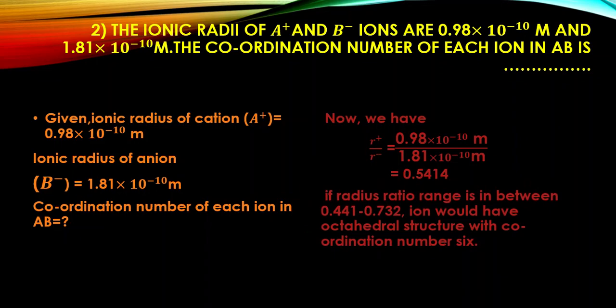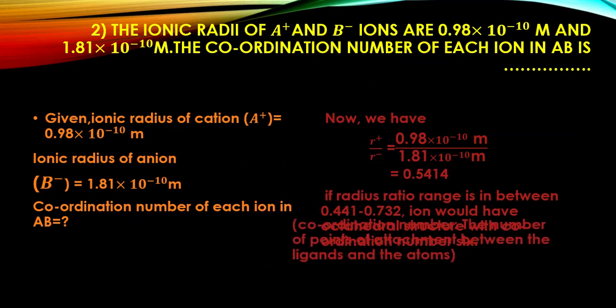If the radius ratio range is in between 0.441 to 0.732, the ion would have an octahedral structure with coordination number 6.